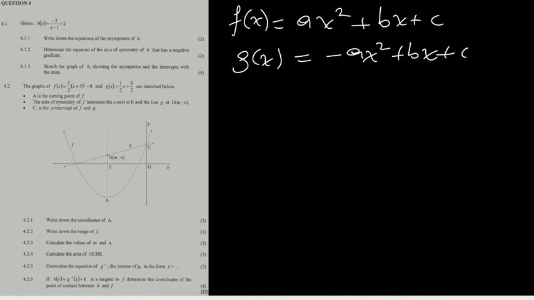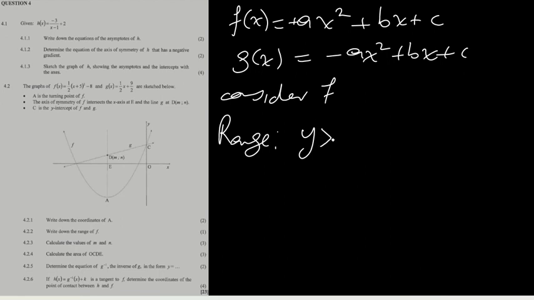So finding the range of f, let's consider f. This is how you write it. Say range, then you say y, because you have a positive a here, you just say y is greater than or equal to this formula, negative b squared over 4a plus c.